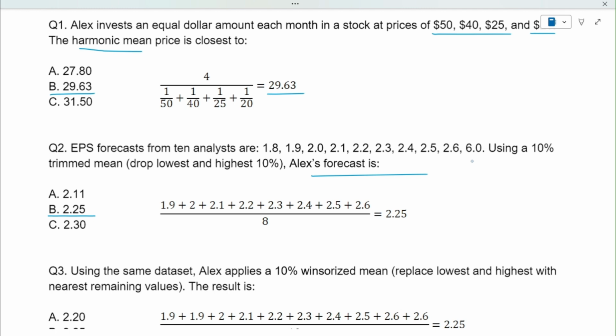So since there are 10 data points, 10% coincides to the first and the last data points here. We are going to drop 1.8 and 6 from the data, and then calculate the mean for the remaining values. Here you can see the formula, and the number of remaining data points is 8. So the trimmed mean here is 2.25.